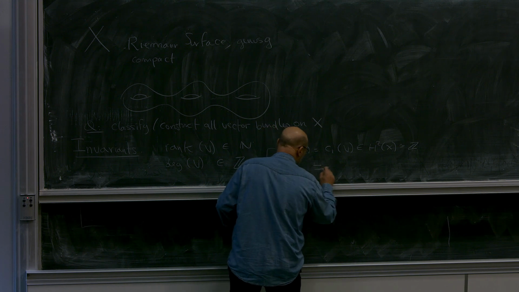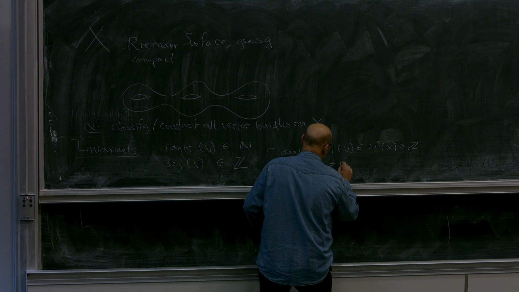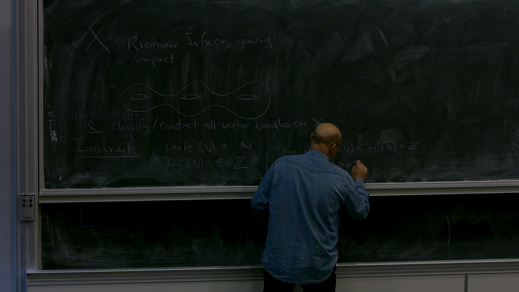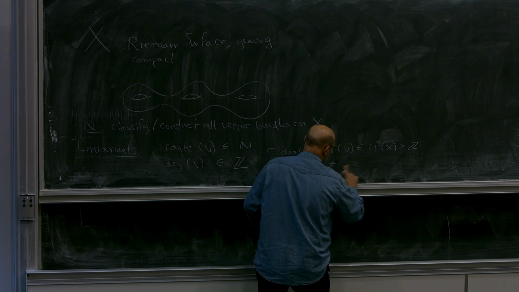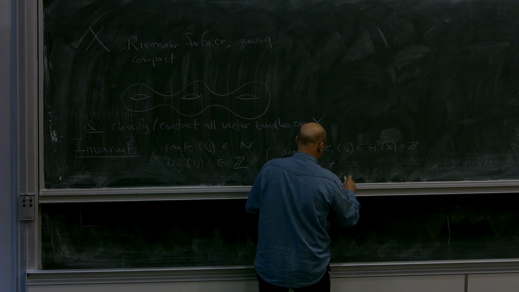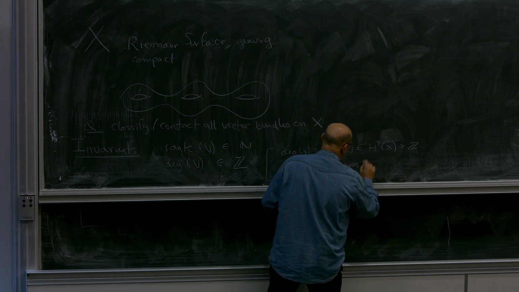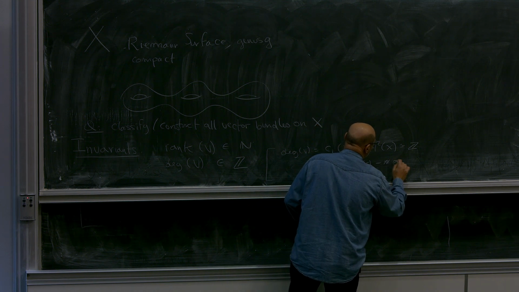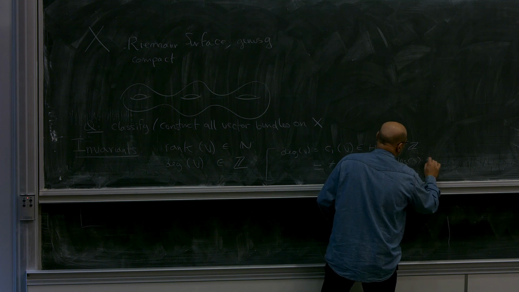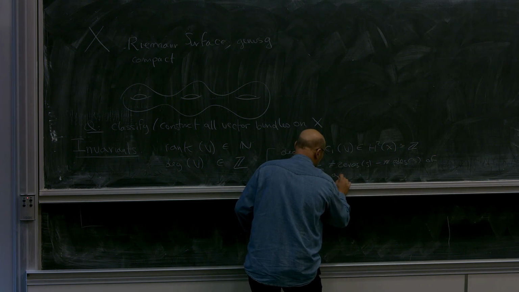So this is also equal to the number of zeros, oops, maybe poles, wait, zeros minus number of poles of a non-degenerate rational section.